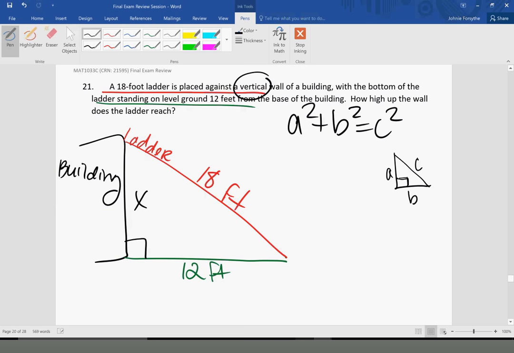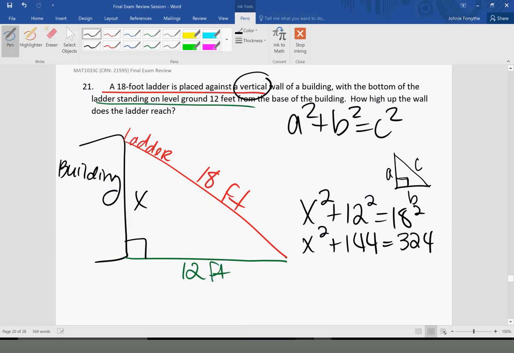So using the values that we know, we're going to say x squared plus 12 squared equals 18 squared. So x squared plus 12 squared is 144 equals 18 squared is 324. To solve for x, we're going to subtract 144.